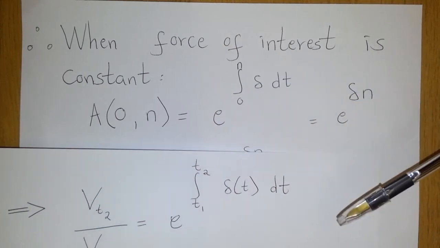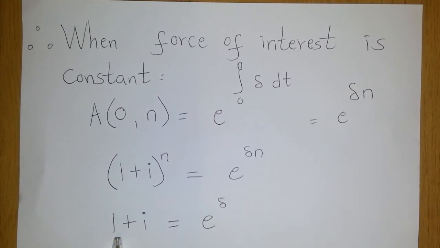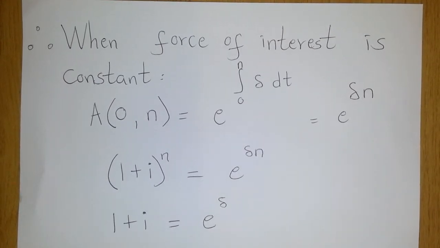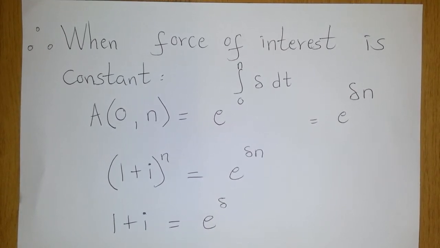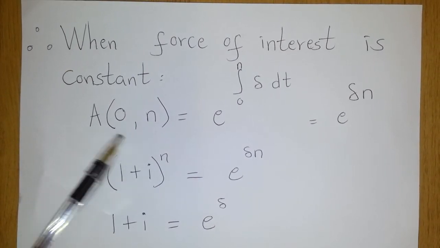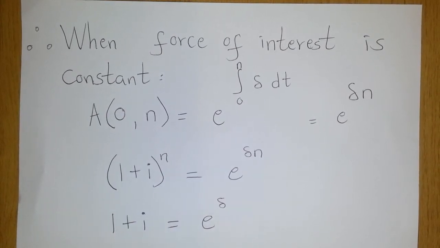In a case where the force of interest is constant, we would simply end up with the exponential of delta n. Now, as we saw earlier, the exponential of delta is equal to 1 plus i. So the exponential of delta n is equal to (1 plus i) raised to the power n. So in a case where the force of interest is constant, our accumulation factor is equal to the exponential of delta n, or (1 plus i) raised to the power n.